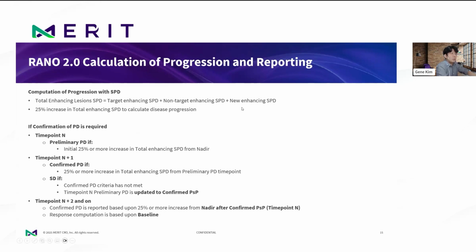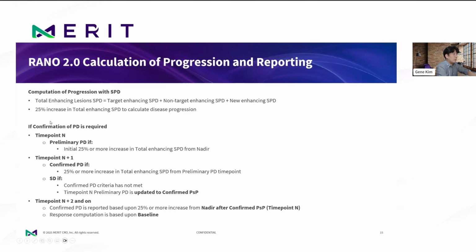Then any new measurable enhancing SPD should be added to calculate the progression of the disease. So this 25% increase in total enhancing SPD, which is the sum of all three lesion categories, is calculated, and if it's an increase of 25% or more, it should be progressive disease.